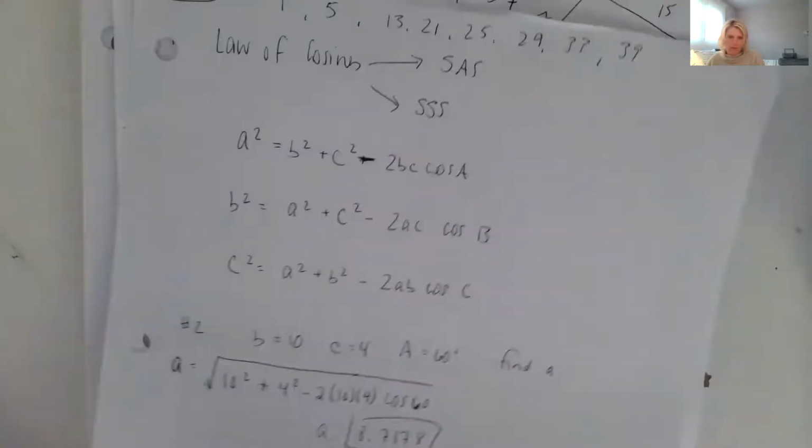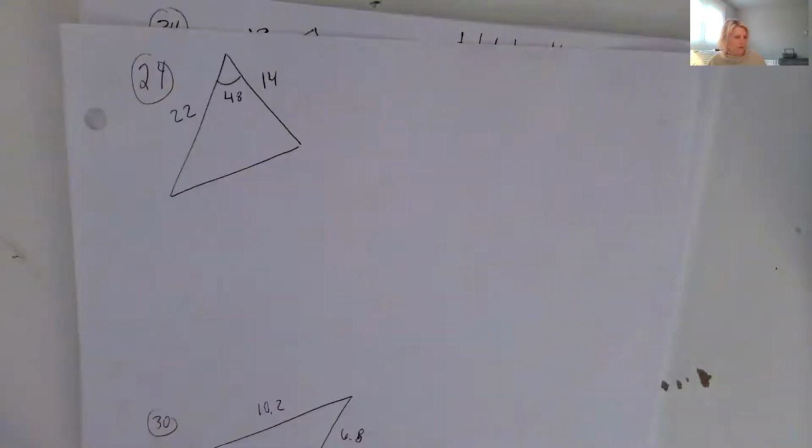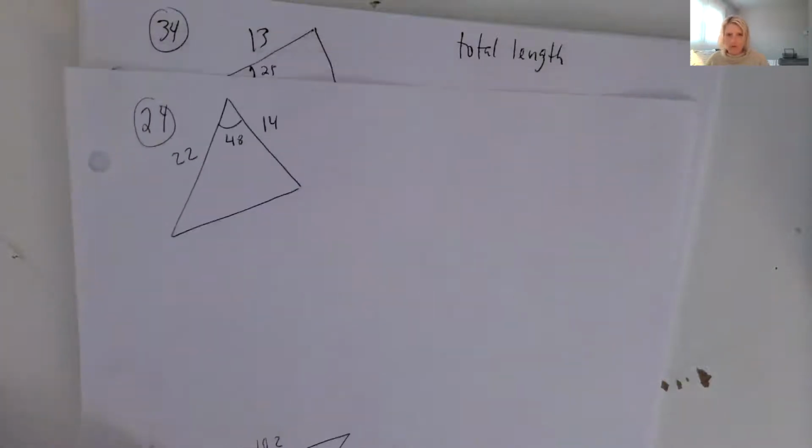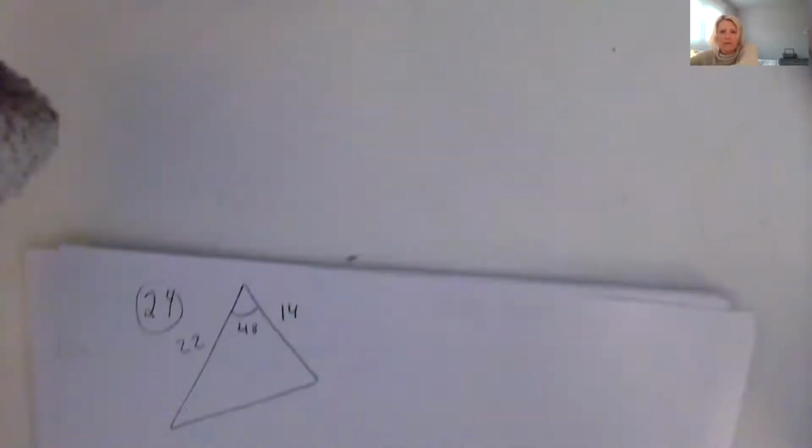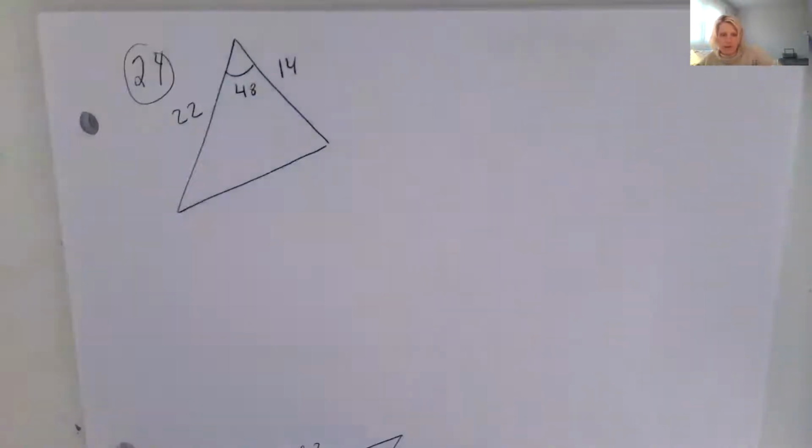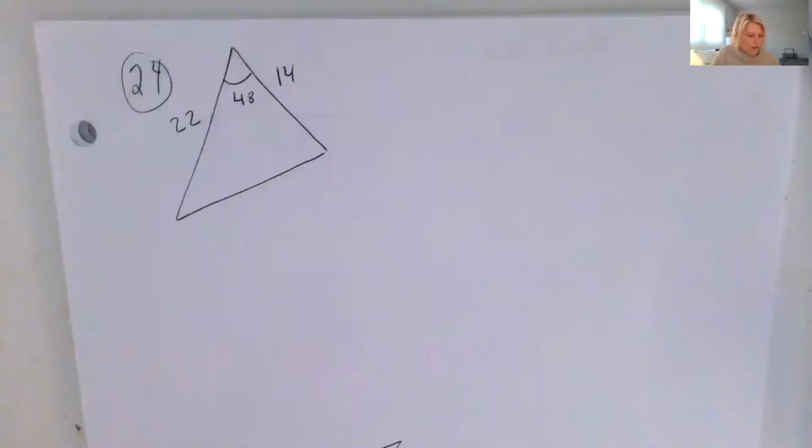So let's do number 24. Number 24 is a side angle side, and it's asking us to find the area of the triangle. So we need to find sides to do that.